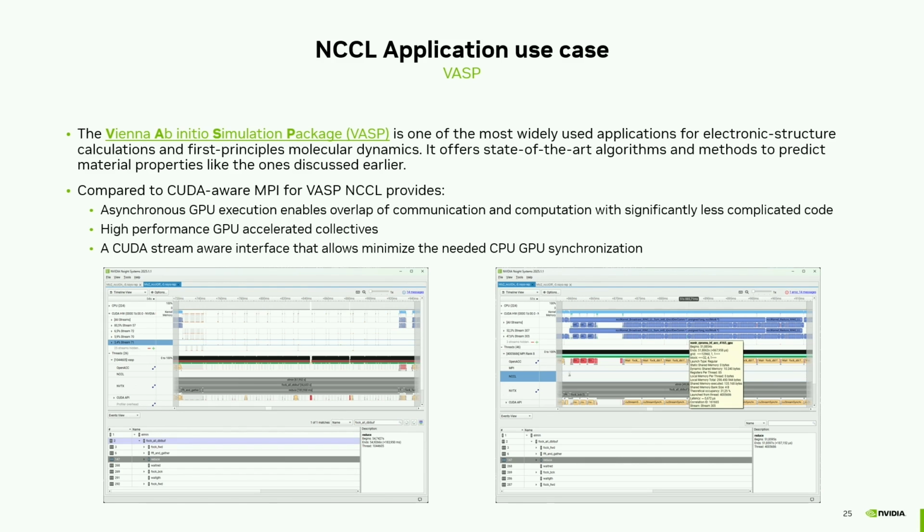And that has started off with CUDA-aware MPI, but later on added an NCCL communication option, and that leverages multiple things. One thing is higher performance because of GPU-accelerated collectives. Because of the CUDA stream-aware interface, it minimizes CPU-GPU synchronization. And as a follow-on, the asynchronous GPU execution made it easier to express communication-computation overlap.